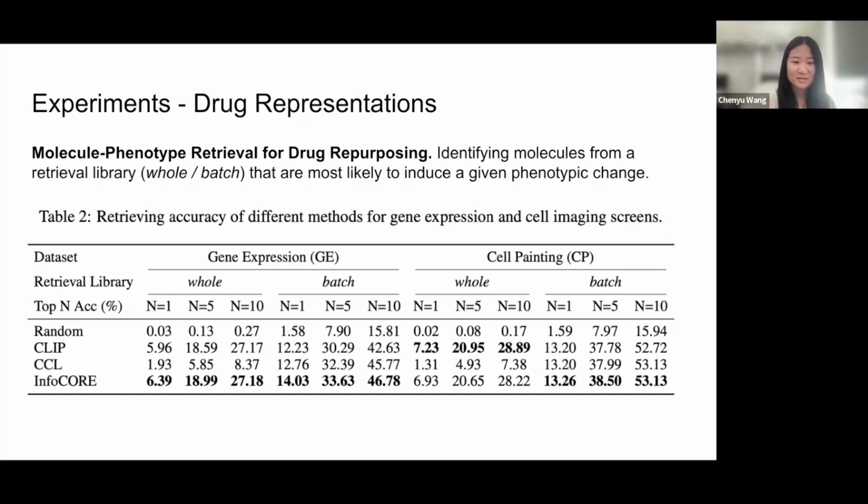Yeah, sure. So in these experiments we don't split the train and validation set based on batches. It's a random splitting. And I think testing it with splitting by batch would be a good experiment and a good suggestion.